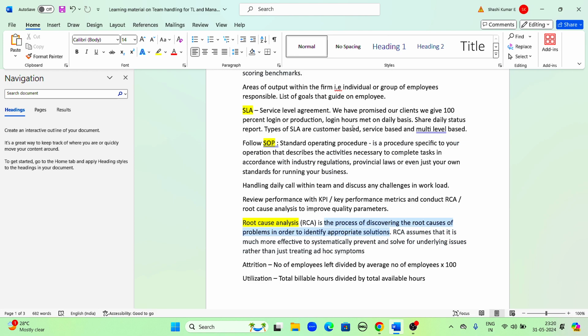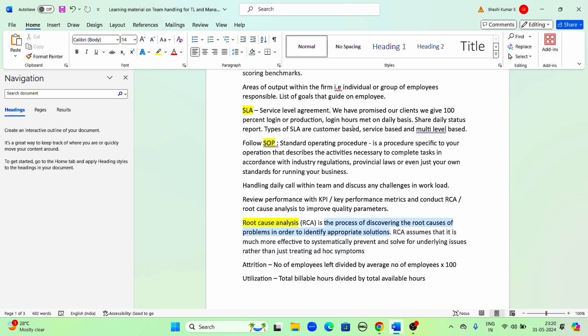So SLA is service level agreement. That is the full form. We would have promised our clients that we will give 100% production or login hours which the team meets on a daily basis, and we share the daily status report on how the agent is performing.